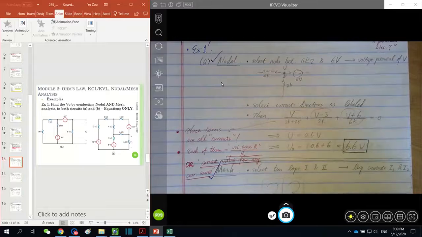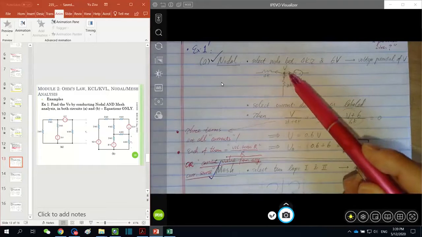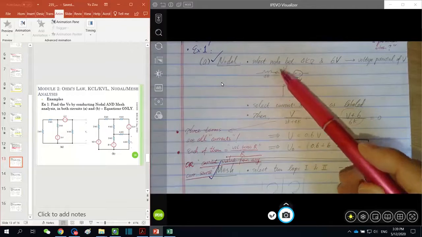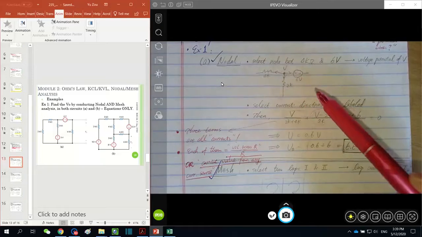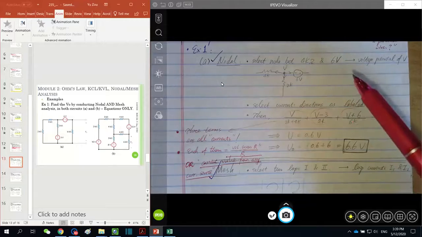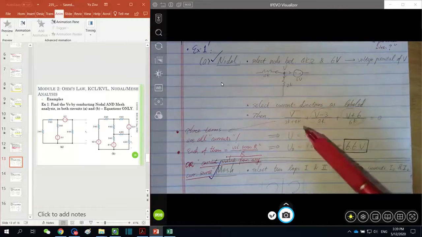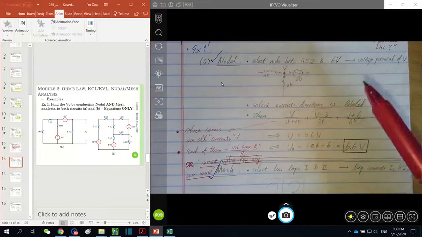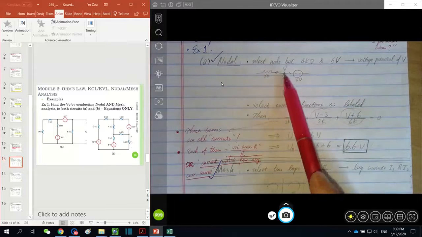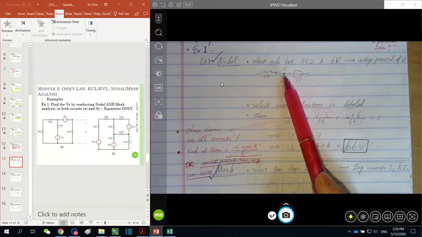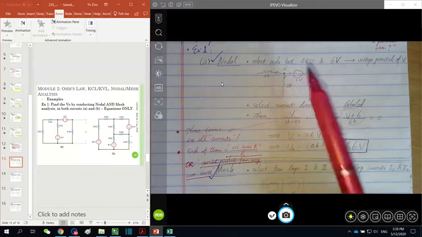So what we want to do is assume current directions. My assumed current directions are labeled as these, and feel free to assume otherwise because it does not matter. However, when we write equations, we have to follow the assumed current directions. So at this node, all of the currents are leaving the node, as I assumed. So the sum of them all should end up as 0.